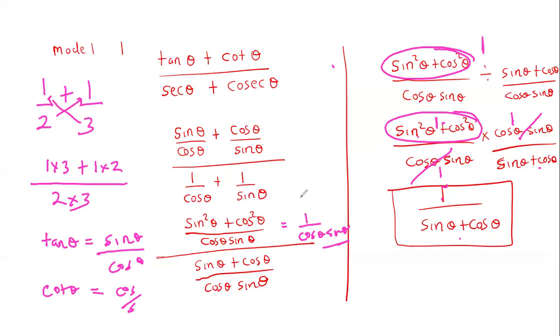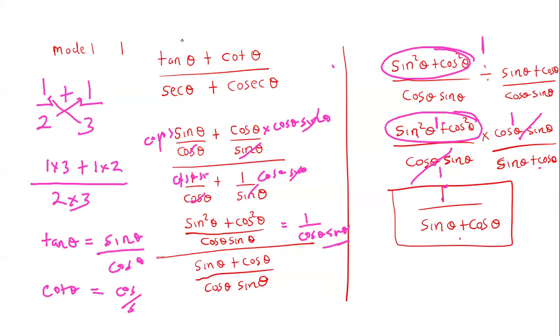It is also okay. Like getting the LCM as cos theta sine theta, then you multiply cos theta sine theta here, and here. The sine and the sine cancels, the cos and the cos cancels. That is very, very okay.